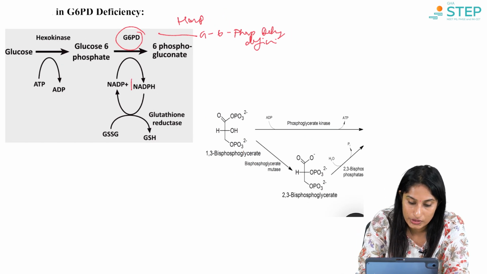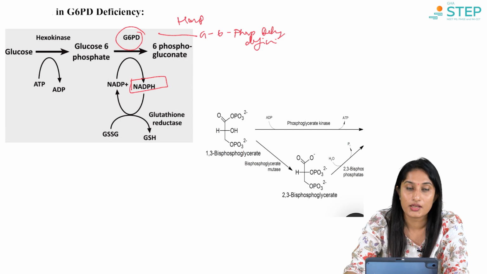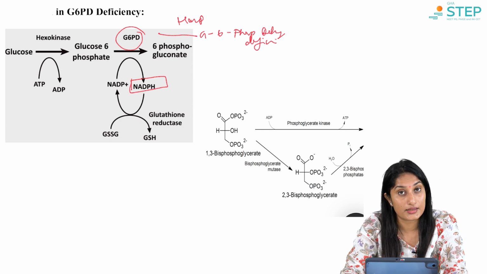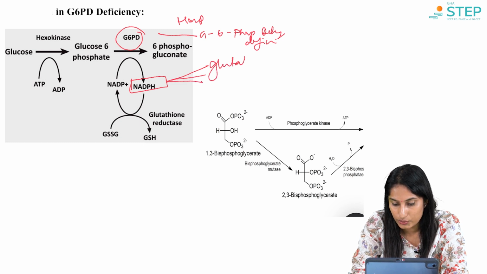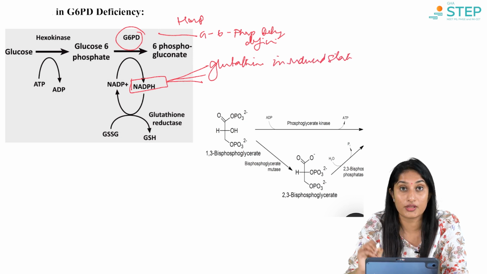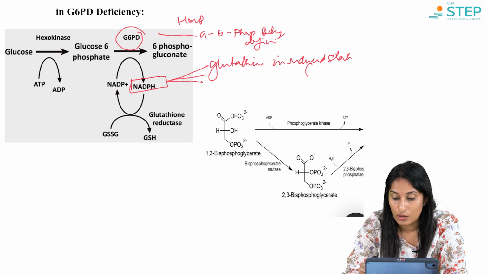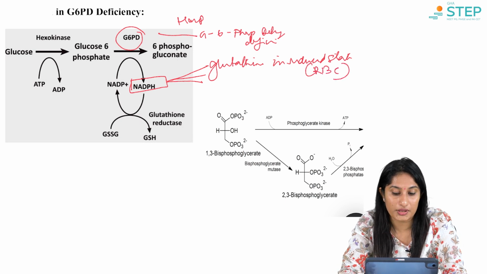It is going to give us a very important compound, that is NADPH. Now, NADPH is important because it maintains the glutathione in the reduced state, mainly in the red blood cells.